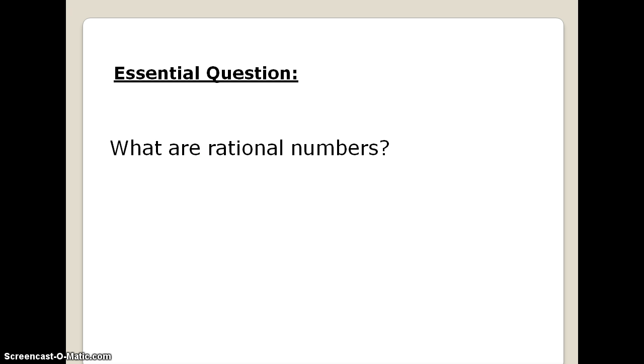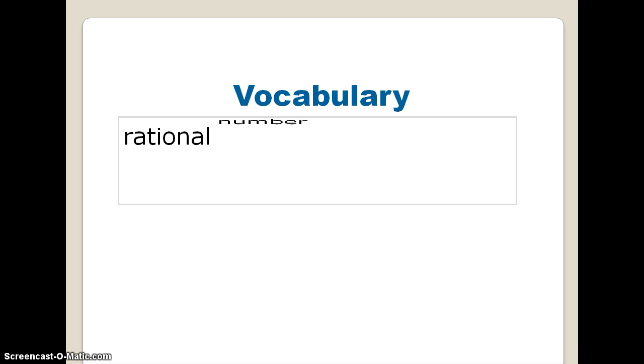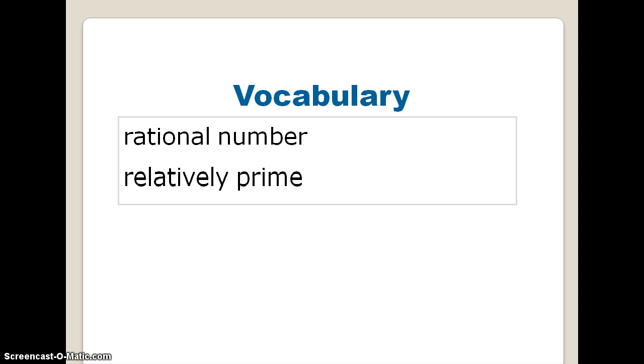And our essential question: what are rational numbers? So our vocabulary will be rational number and relatively prime.